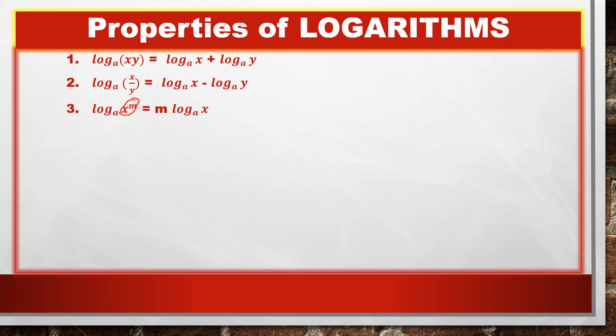So let us go to the next property, log x power m. What is this, x power m, or you can read it as log x base a. Simple. If any number is having a power like this, log 2 power 3, then whatever is there in the power will go to the front. So 3 log 2. You can write log 2 power 3 as 3 log 2.